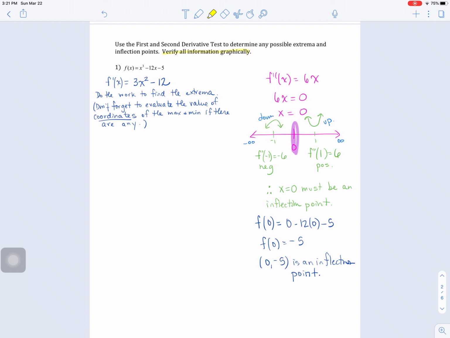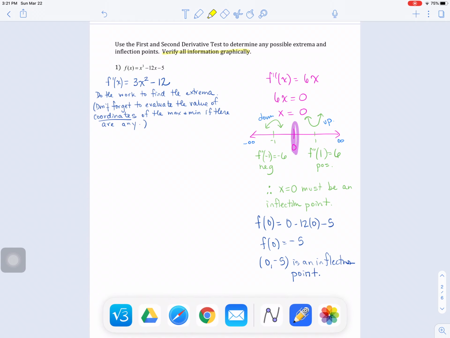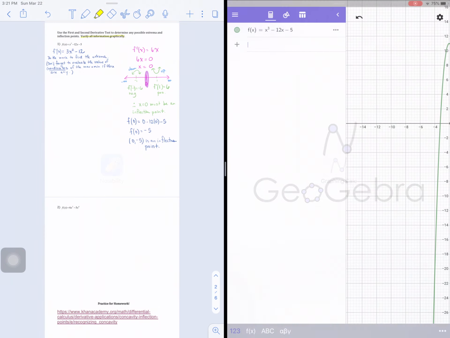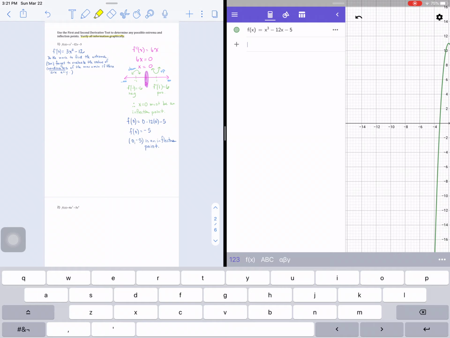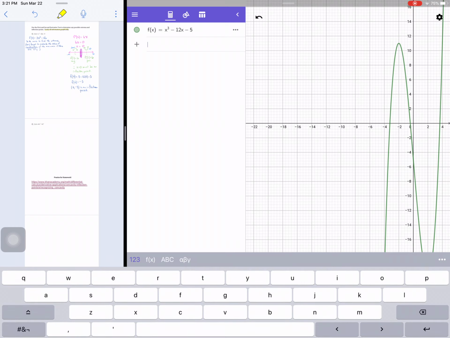You don't have me here with you to say, you're right, keep going, or you have a sign wrong. So we're going to use GeoGebra as a tool for understanding. I'm going to open up a split screen, and I have the function already inputted. I just want to show you the GeoGebra commands so that you can check your points.